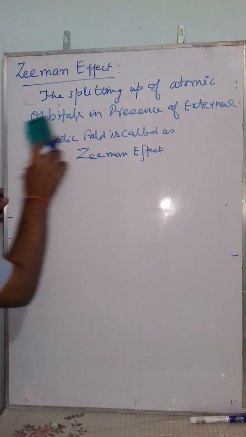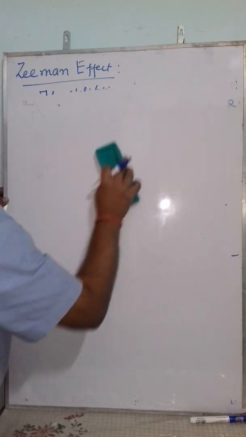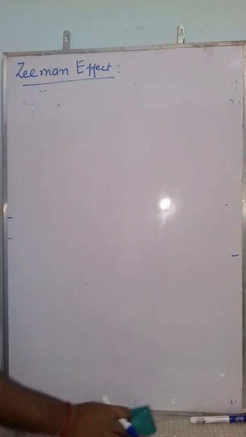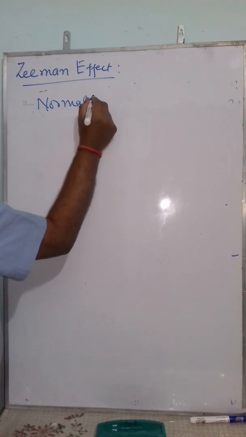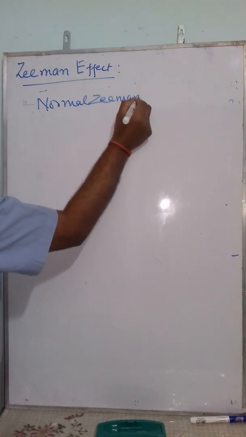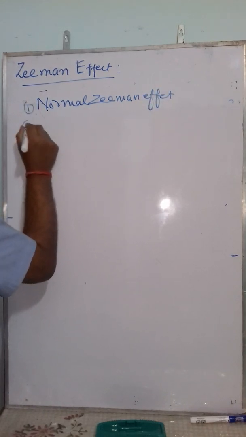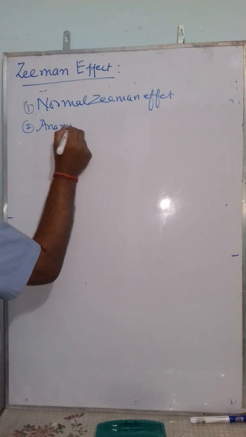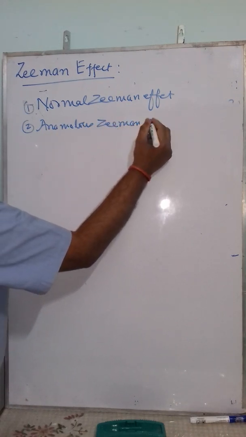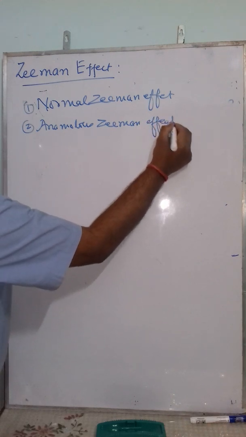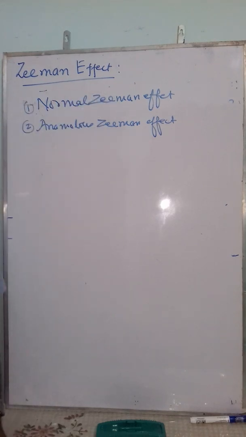This Zeeman effect is of two types: one is called the normal Zeeman effect, and the second one is called the anomalous Zeeman effect.